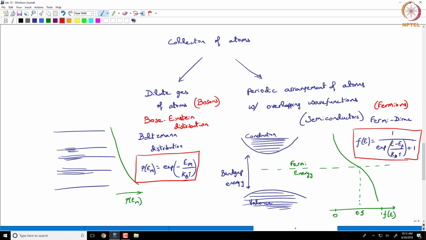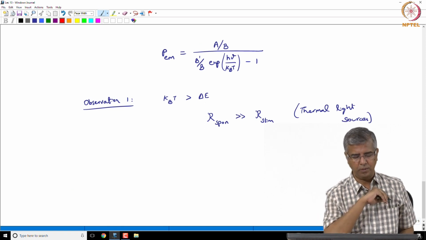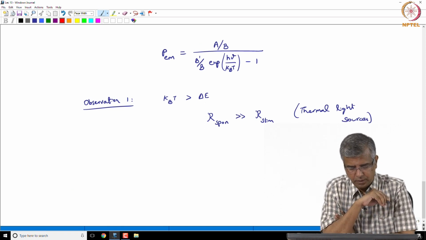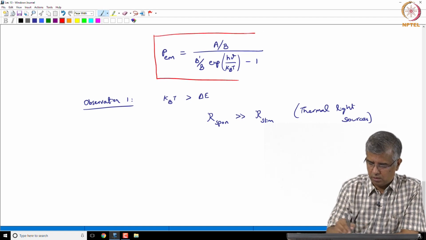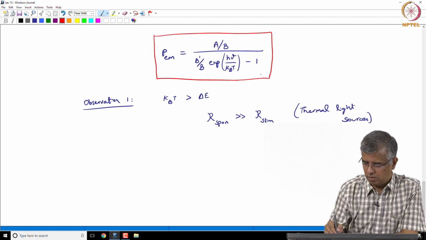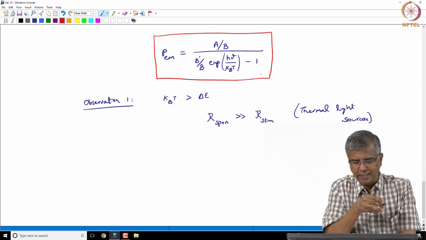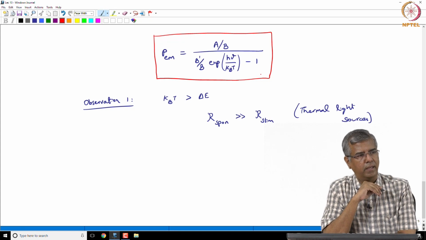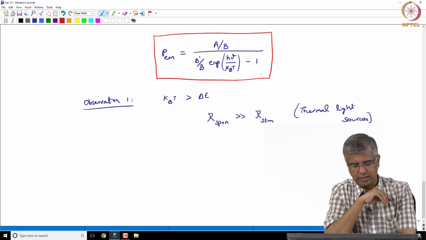Okay. So, we were looking at these 2 classes of systems from which light could be emitted, and then we came up with this expression for the thermal equilibrium condition, and we were starting to understand what this expression means, right.